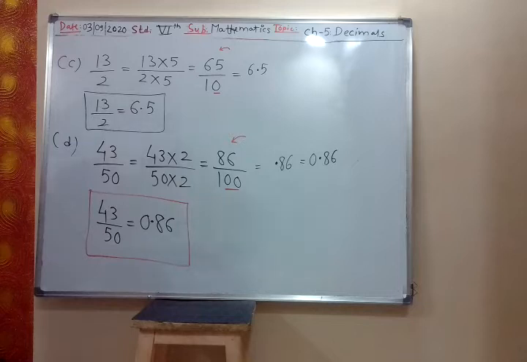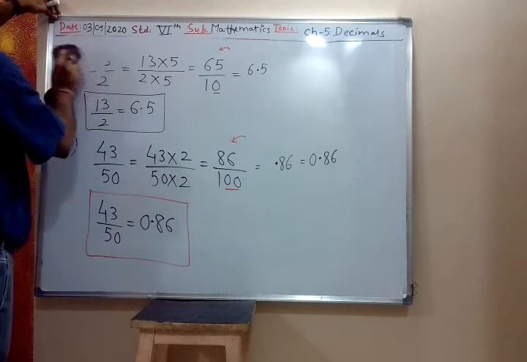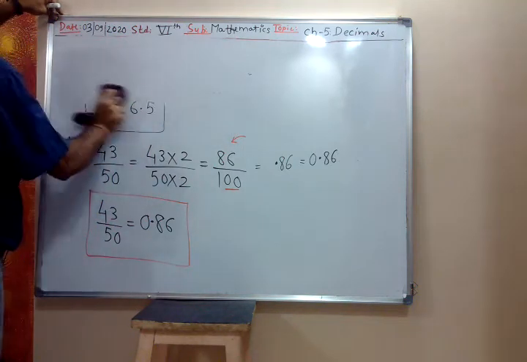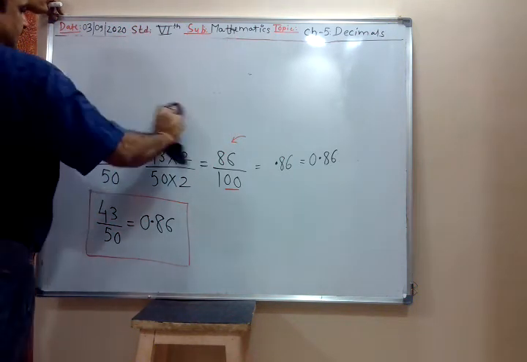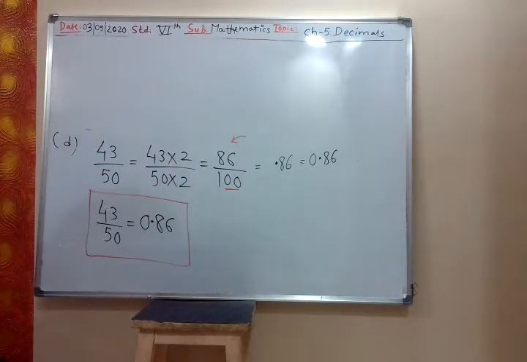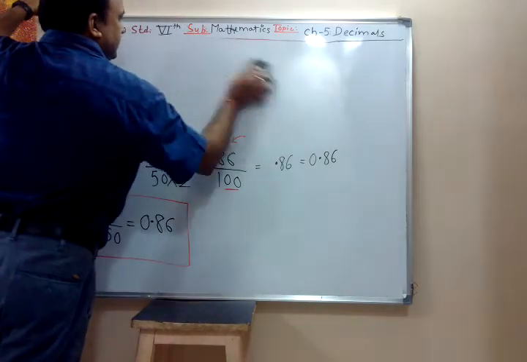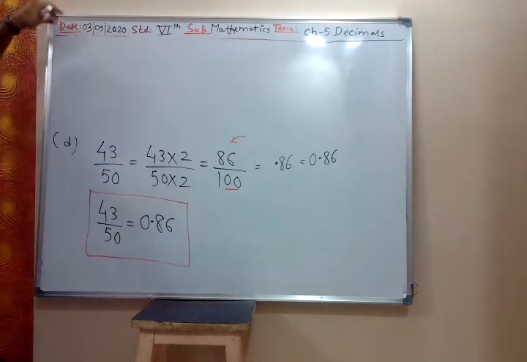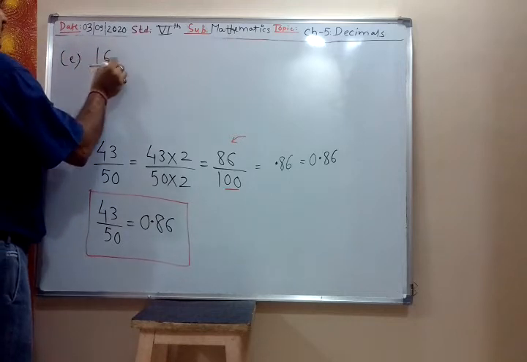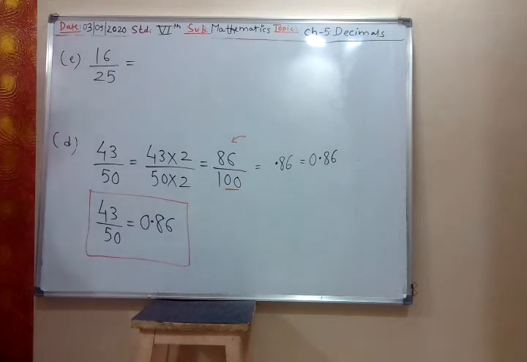Now next, E, 16 upon 25. Do it fast. E is 16 upon 25. Now my denominator is 25.